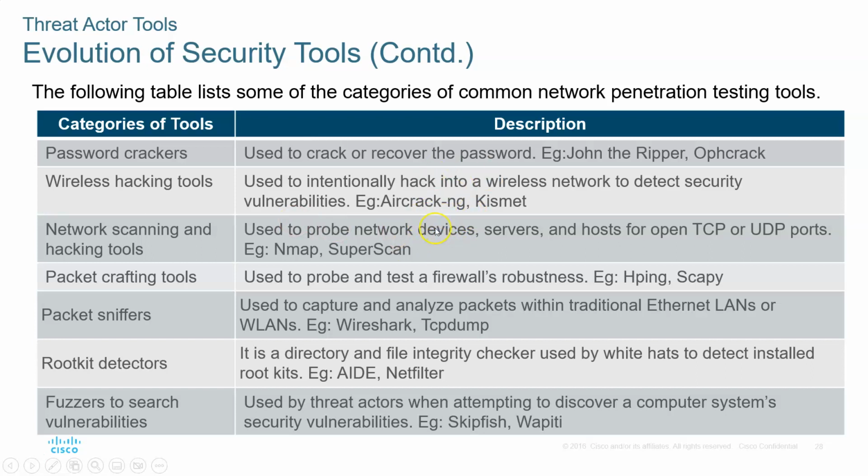A lot of these tools are in a Linux operating system called Kali, which has all of these different types of tools that allow you to practice ethical hacking, for example, to break into a wireless LAN. For network scanning tools, you've got Nmap.